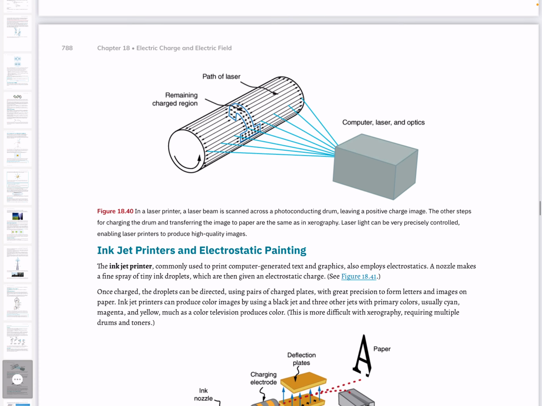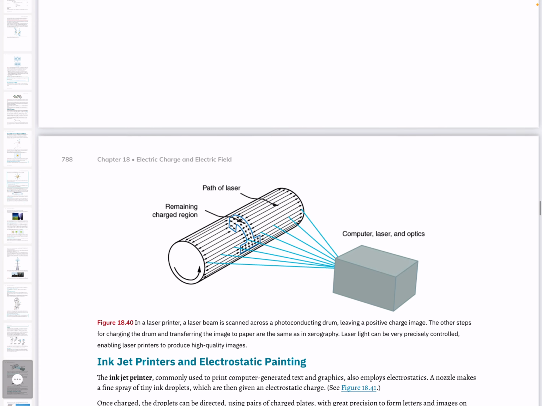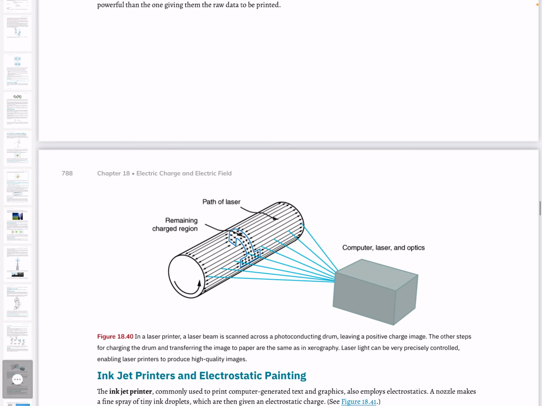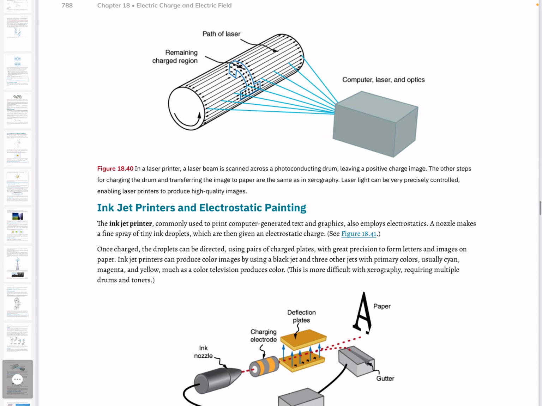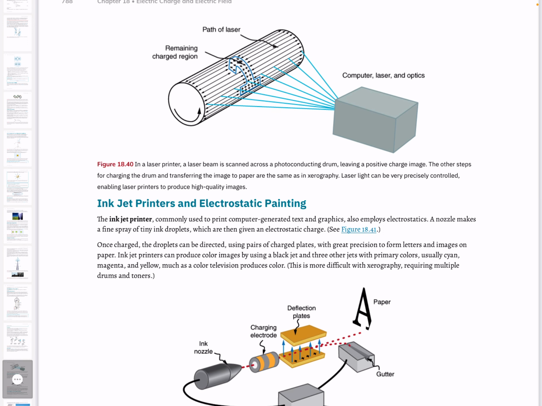And the same thing happens. You roll it through toner, it picks up the toner, then you roll the paper on it, and the toner goes to the paper, then you heat up the paper, and it firms up your toner on your piece of paper.